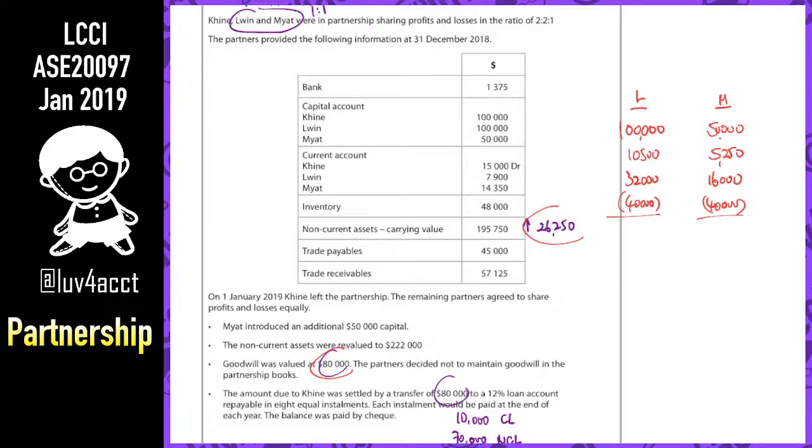Giving the 102,500. Then 50,000, 5,250, 16,000, 40,000.